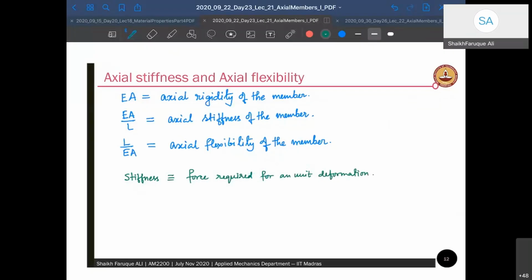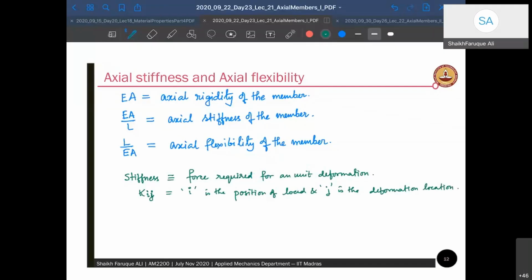It is mostly represented as Kij, where i is the location of the load, the position of the load, and j is the deformation location.